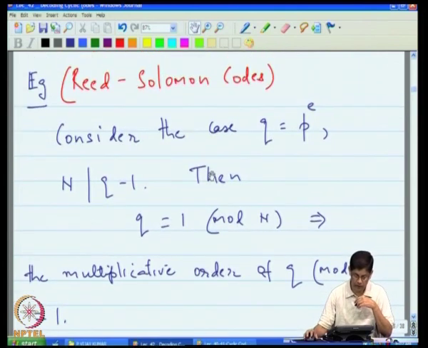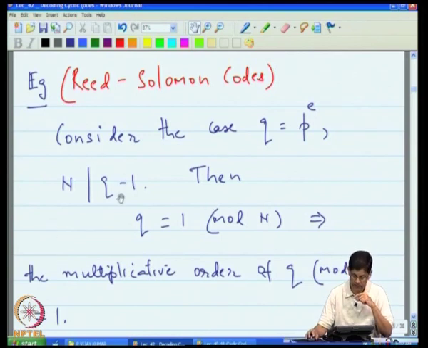So what's particular to this case is that here q is a power of a prime, no surprises there, but n divides q minus 1, that is new. In other words, you are saying that the block length is less than or equal to q minus 1.